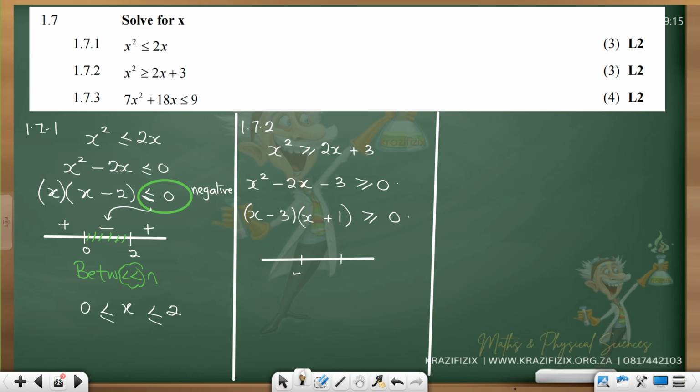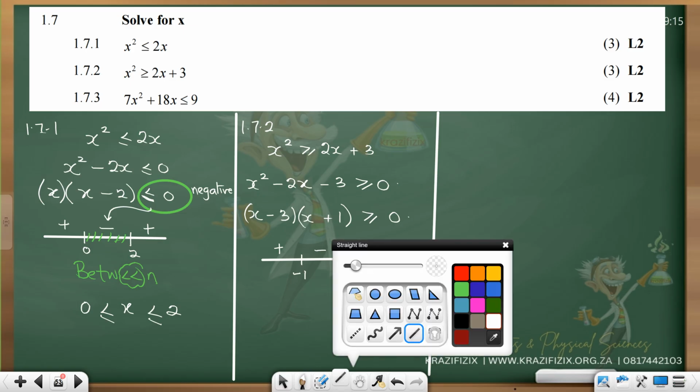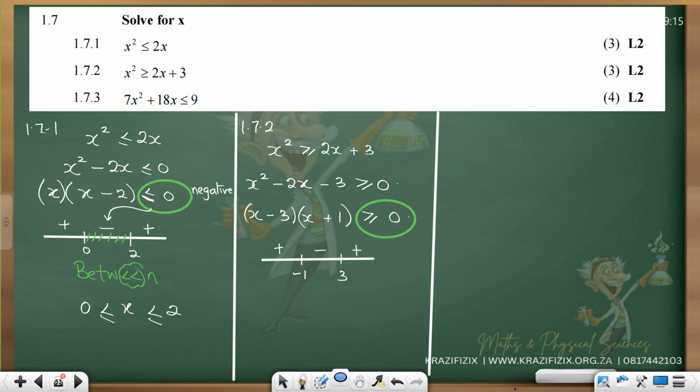One and 3. Please, it's plus, minus, plus. Oh. What are the numbers? Are they positive?